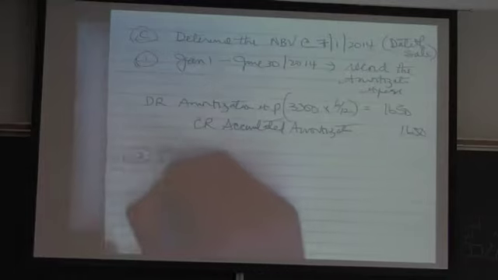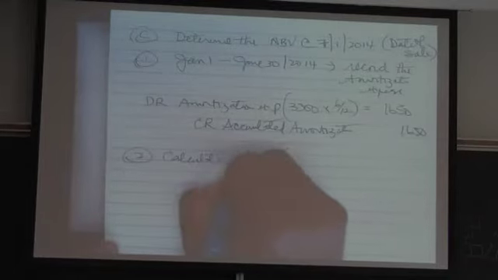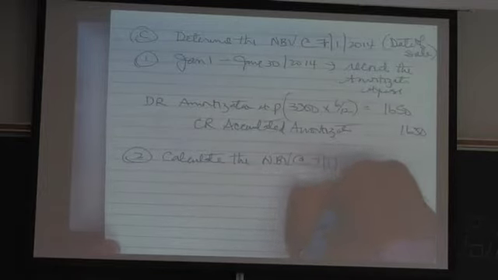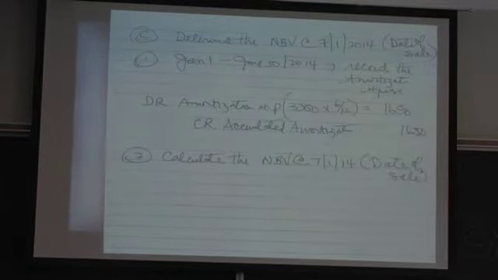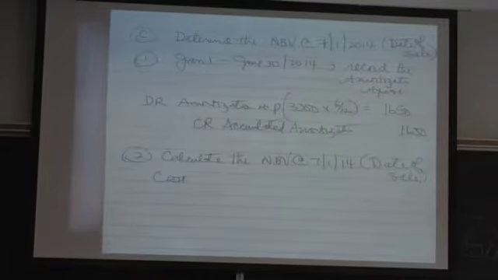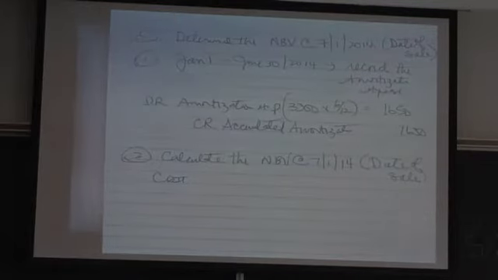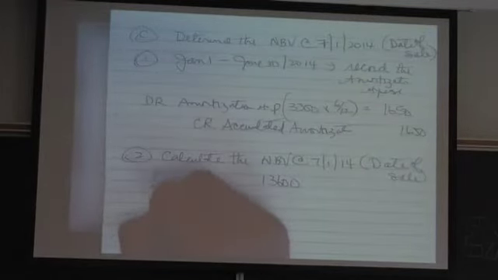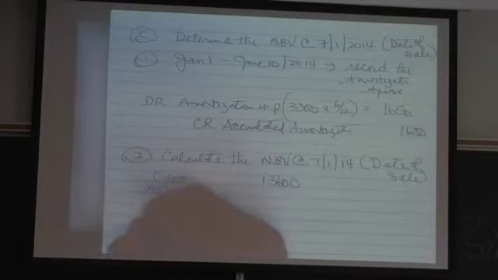That's the first step. Okay. Second step is calculate the net book value at 7/1/14, which is the date of sale. Okay, so how do we do that? Well, we have cost. What was the cost amount? The cost amount is 13,600. Accumulated amortization.